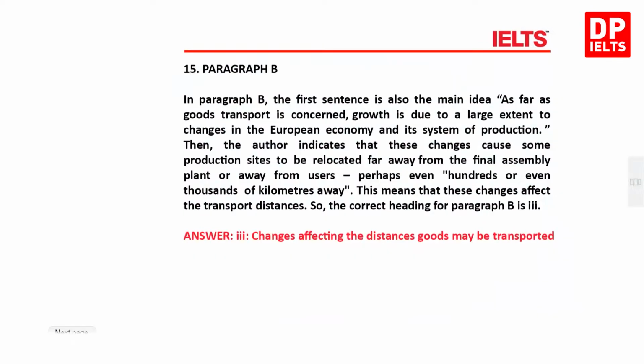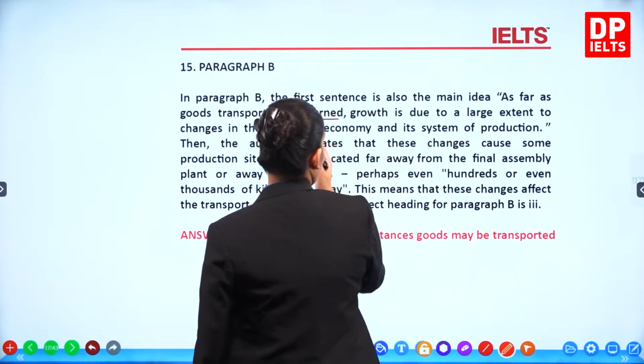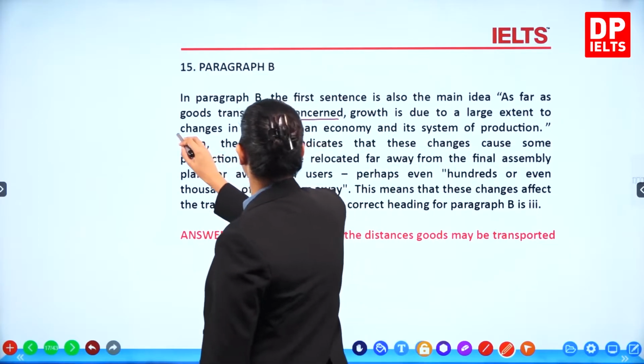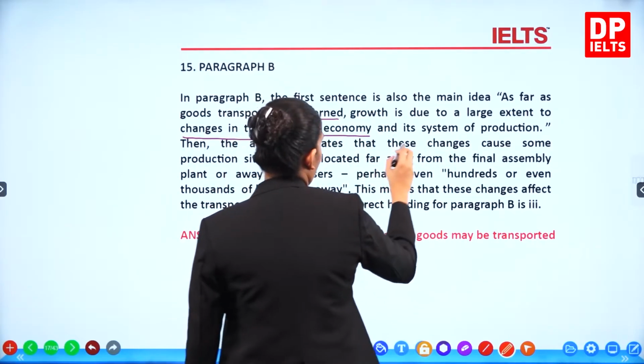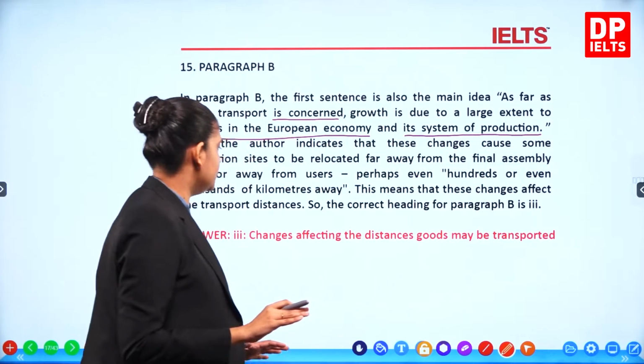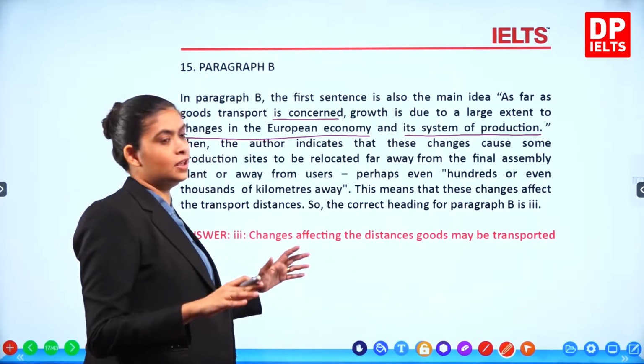Question number 15, para B. The first sentence is also the main idea of the para. As far as goods transport is concerned, growth is due to a large extent to changes in the European economy and its system of production. So what happens? Changes affecting the distances goods may be transported.